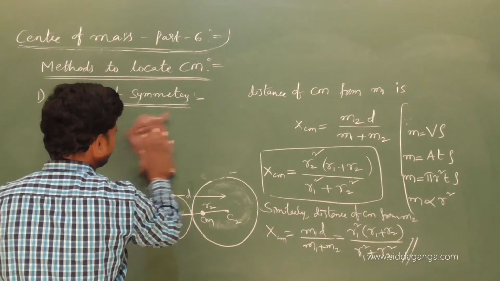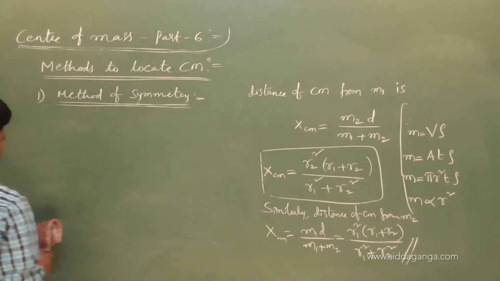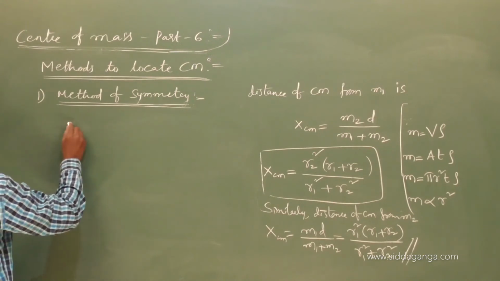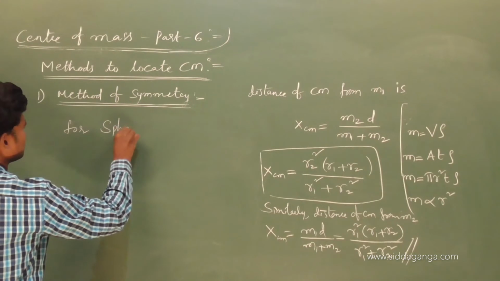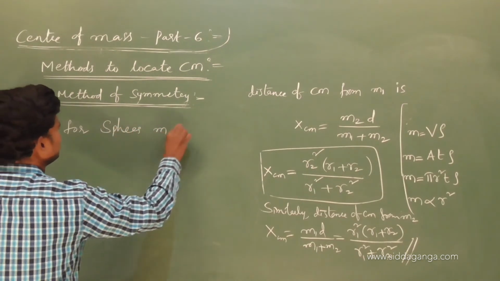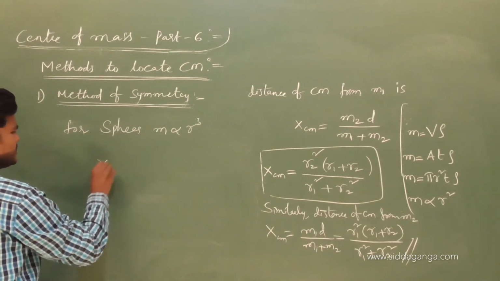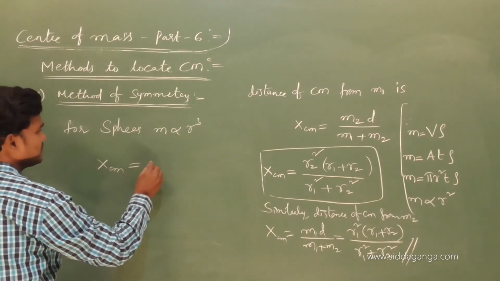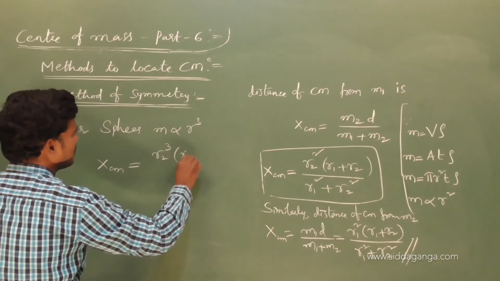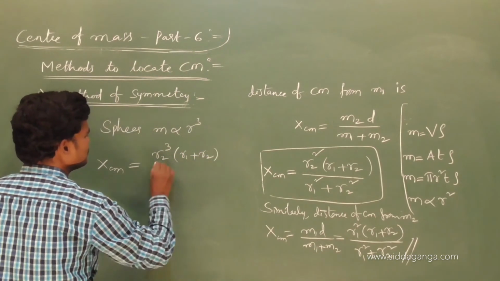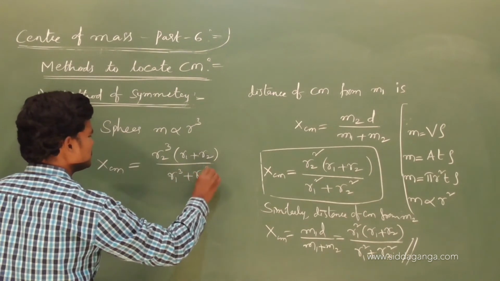So if they give spheres, mass varies with the cube of the radius. So the distance of the center of mass from the first sphere is r2 cube into r1 plus r2, by r1 cube plus r2 cube.